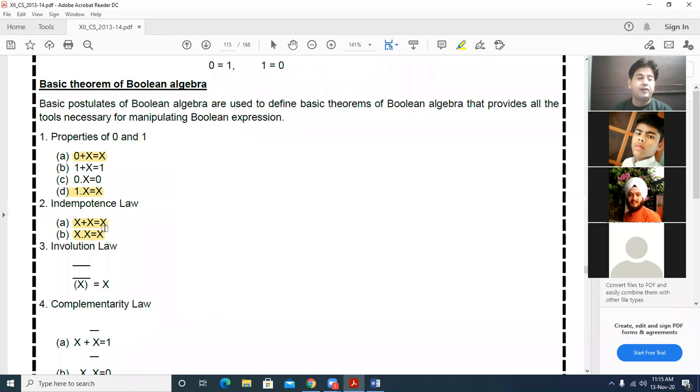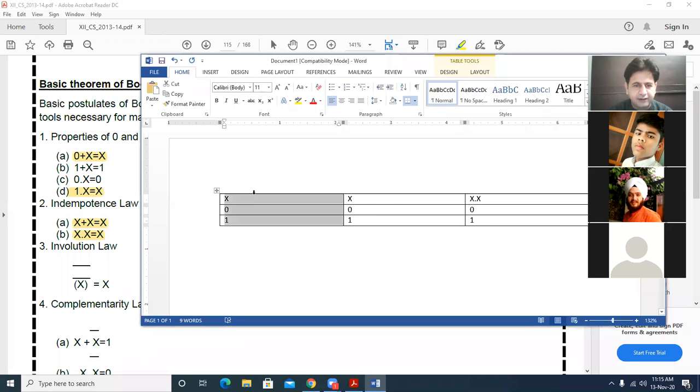Next law is called the involution law. Involution means if we find x naught, and again x naught naught, it is always equal to x. So look here, I take x, and if I find x naught, it will be the reverse of x. Here will be 1, here will be 0, and then we will find again the naught of naught.